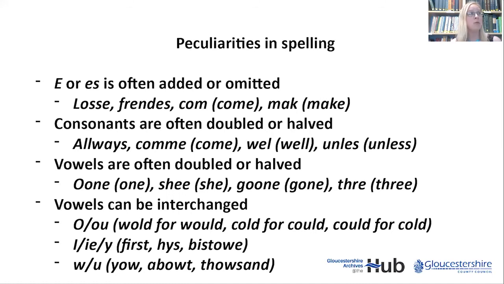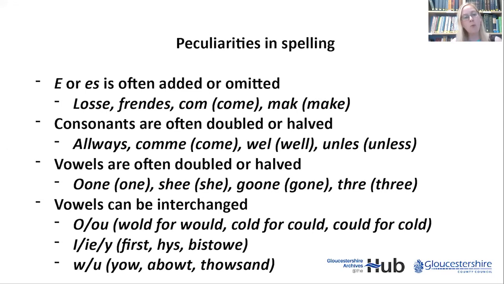So we've got one with an extra O, she with an extra E, gone with an extra O, and three with no extra E, as we would expect now. The interchanging of vowels. So you could have O or OU, meaning would, could, cold, could. That could all be read as two different words.